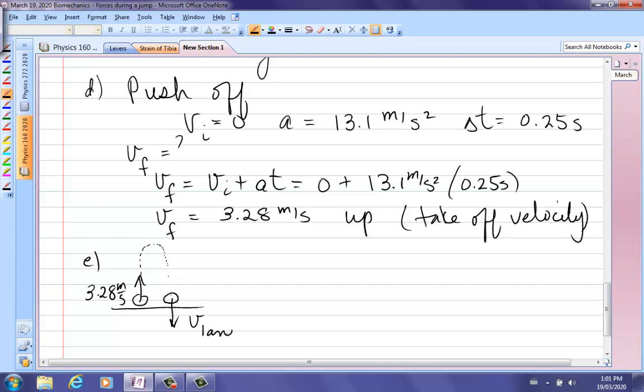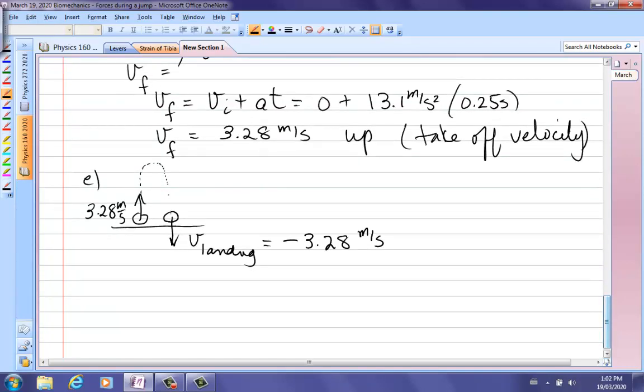This is V landing, but opposite direction. So the velocity is negative 3.28 meters per second. So as long as you're at the same elevation, so you start and land on level ground, your landing velocity will just be the negative of your takeoff velocity.